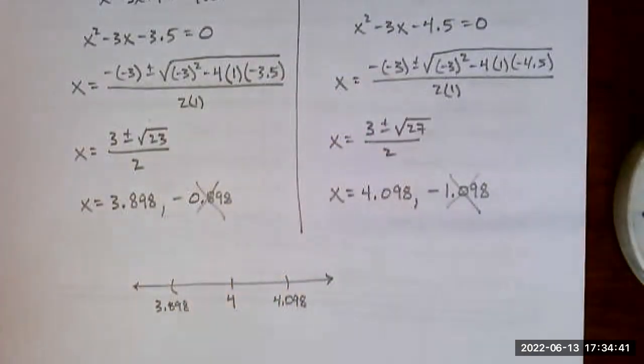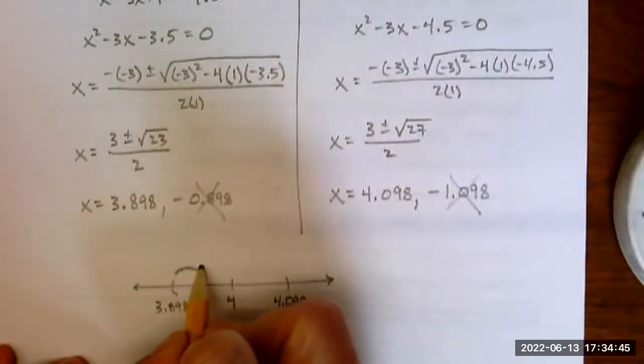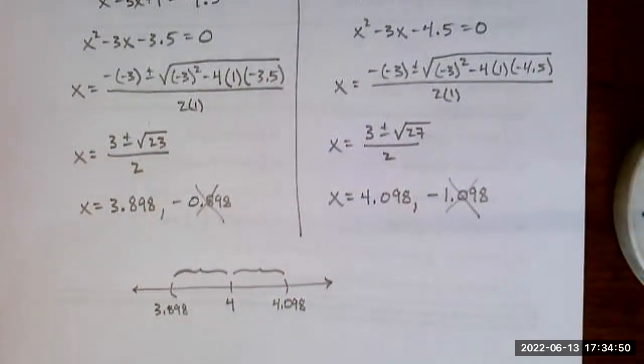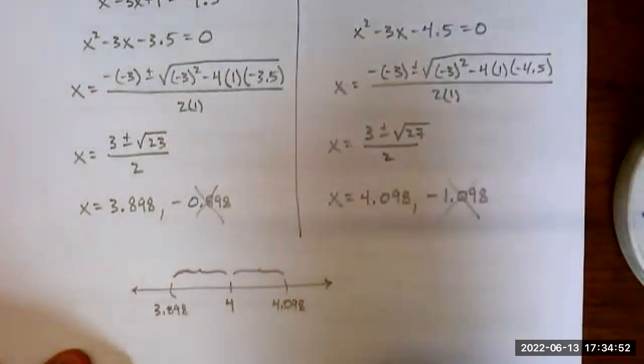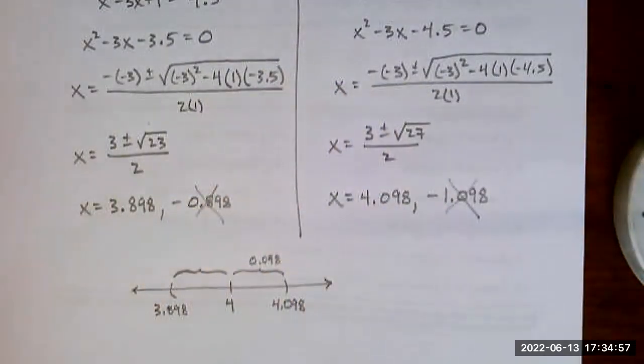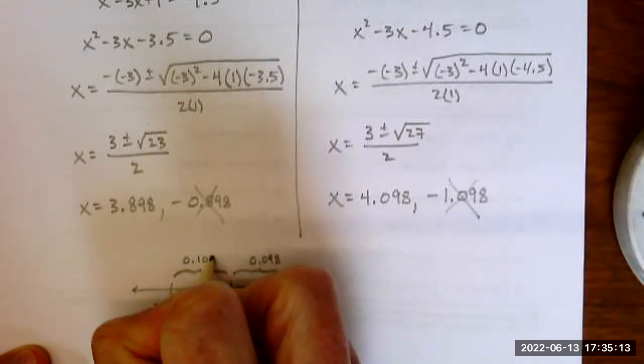Now they're pretty close, but there is a little difference. How far are these distances? This one is a little bit easier. Well, that's just 0.098, right? I think I need to sharpen my pencil a little bit. But what about this distance along the bottom? How far is that? Well, if you subtract them, that distance is 0.102.